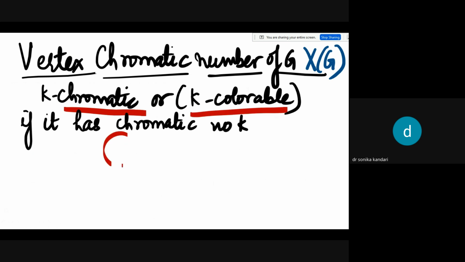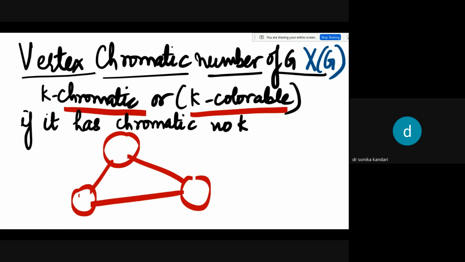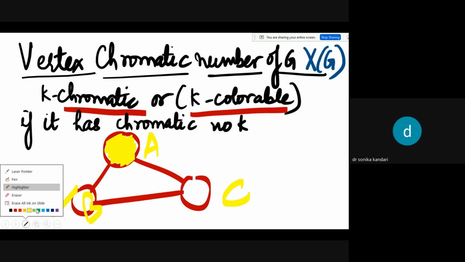For example, suppose this is a graph, and we are having three vertices. So how are we going to color it? This is A. Now B and C are adjacent to A, so B and C should have different colors. B is having green color.